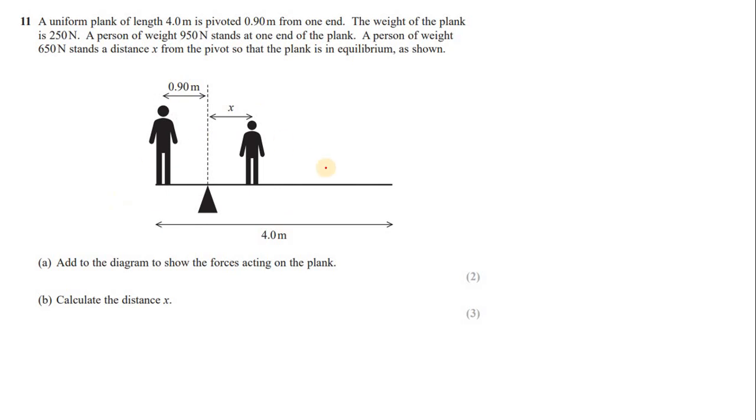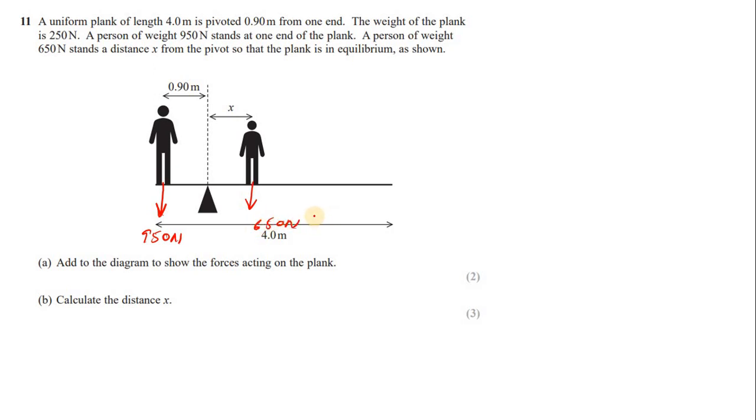So clearly, if you see, there should be 4 forces acting. Number 1 is the weight of that person. You can draw this one, which is 950 Newton. You don't need to write the number, but this is the one force. Another force acting by that person, which is the weight of the second person, 650.